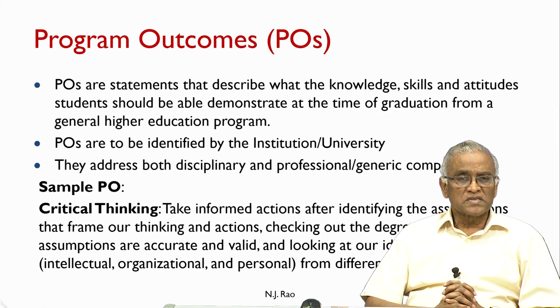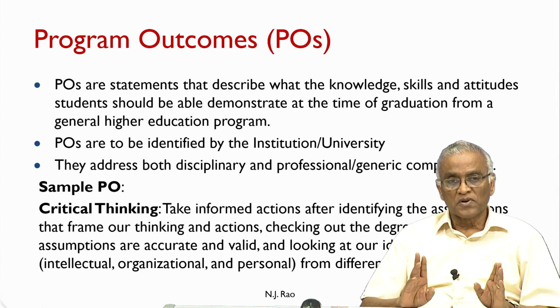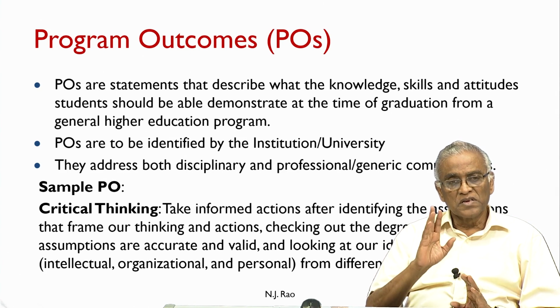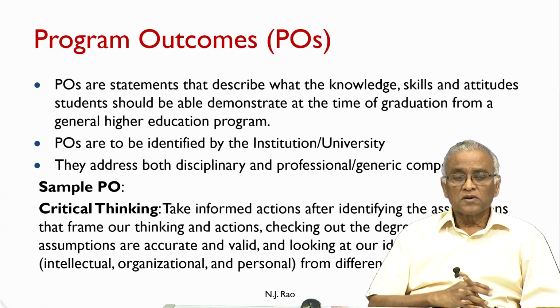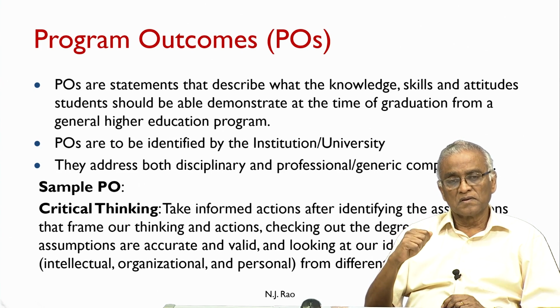Program outcomes are statements that describe the knowledge, skills and attitudes students should be able to demonstrate at the time of graduation from a general higher education program. We are not saying which particular program. So these POs, as we call them, are to be identified by the institution or the university.